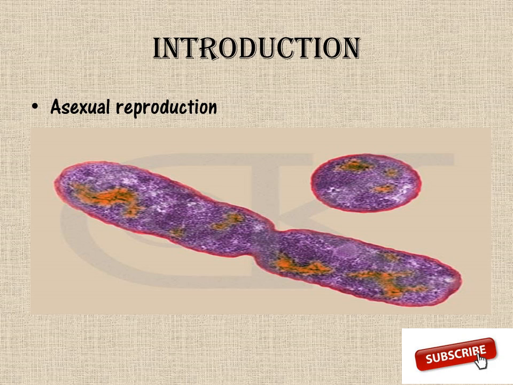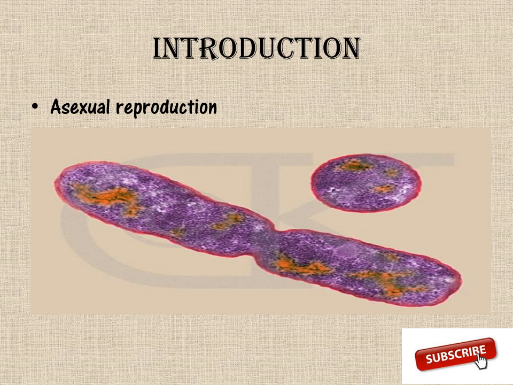In asexual reproduction we have already learnt about binary fission, how it takes place, then fragmentation, where the filaments give rise to fragments, and then budding, how it takes place in yeast cells. Then we learnt about vegetative propagation. There are natural methods and artificial methods of vegetative propagation.